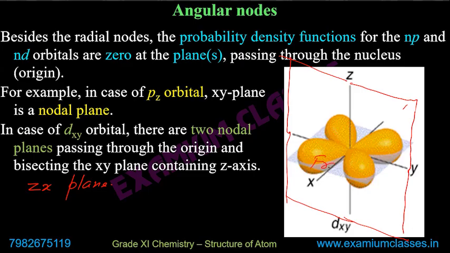So these two are at the front, these two at the back. But in between, if you see here, it is passing through the origin, the center, with no electron density at all. So this is again the ZY, or you can say YZ plane. These two planes are nodal planes in this case.